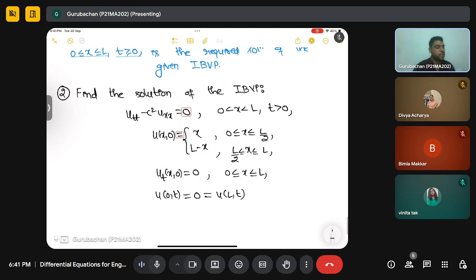This is boundary condition, and above is initial condition. These are your boundary conditions, and these are your initial conditions.